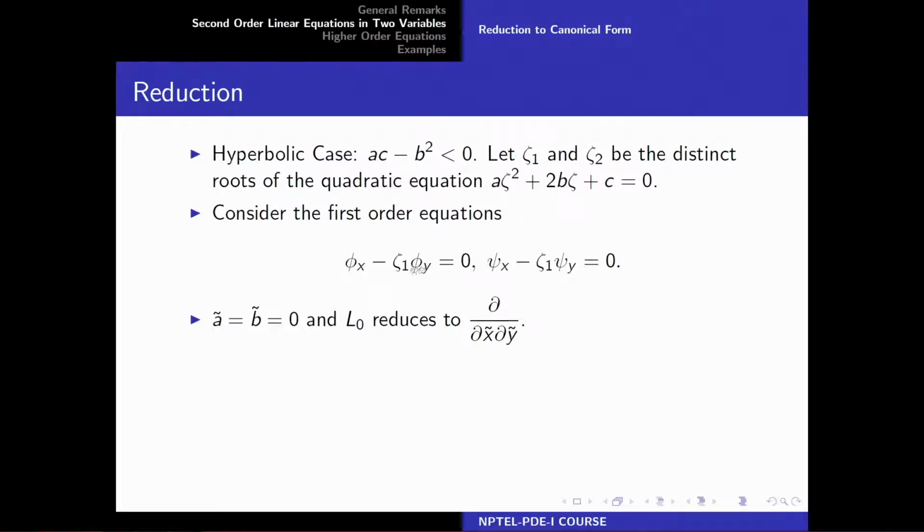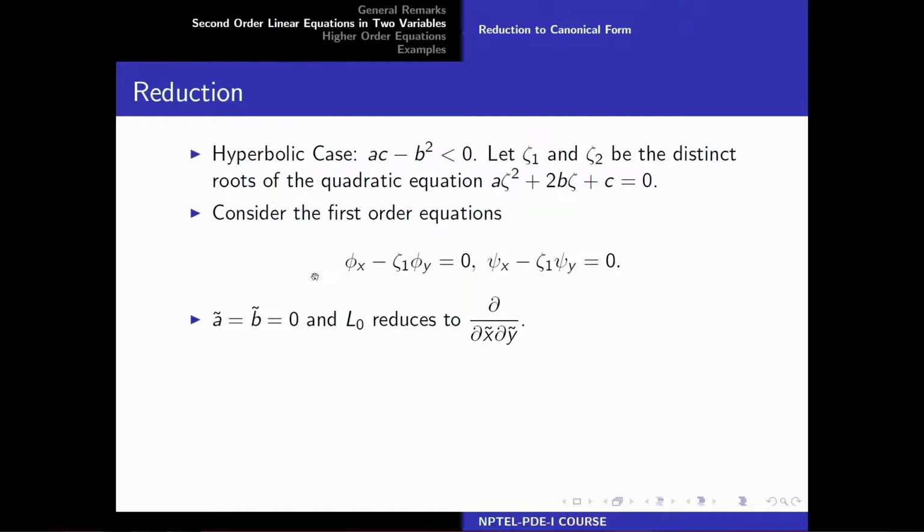So, xi 1 and xi 2 are variable because A, B, C are variables. So, xi 1 and xi 2 are functions of x and y. So, we obtain phi and psi by solving these first order equations.